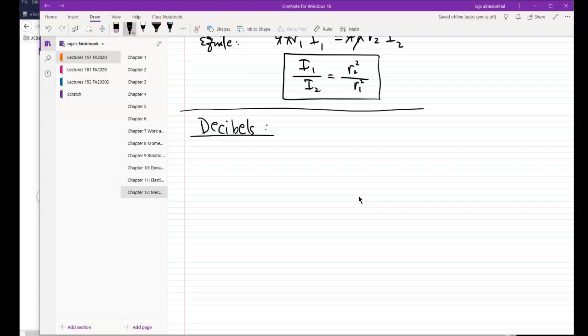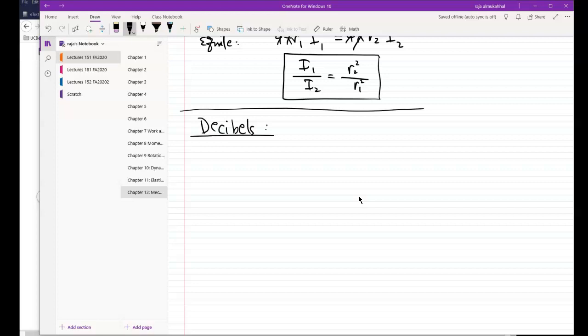So it's an interesting unit for biologists, if you will, those who are studying animals, and especially human beings. The reason we use decibels rather than watt per meter squared is that the human ear is extremely sensitive, and so we use intensities that are logarithmic. Let me explain.